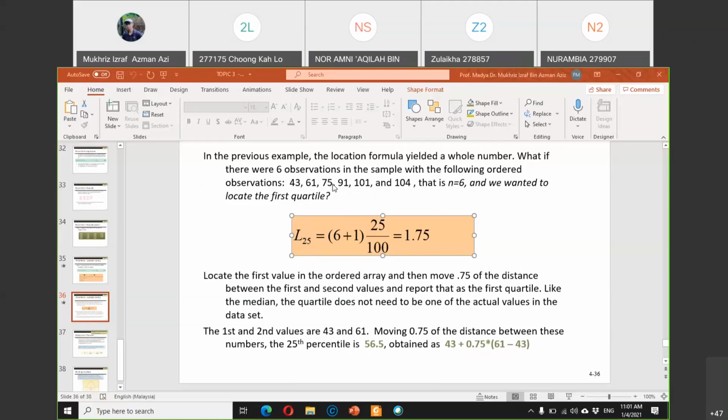What do you get? What is the 75th percentile?